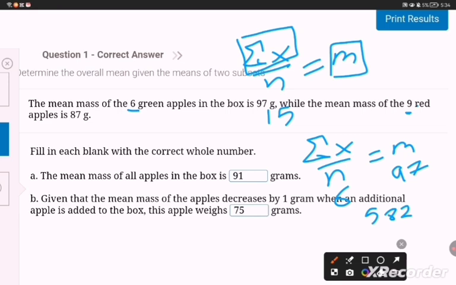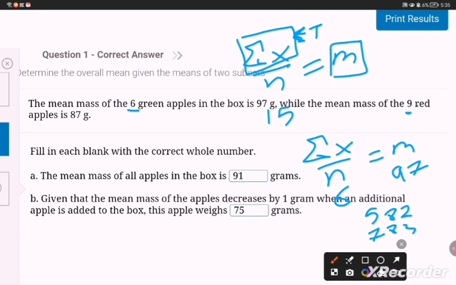And then you do the same thing for the red apples, so just 9 times 87, and then you get 783, okay? Now to find the total summation of x, you just add both of them together, 582 plus 783, you get 1,365.